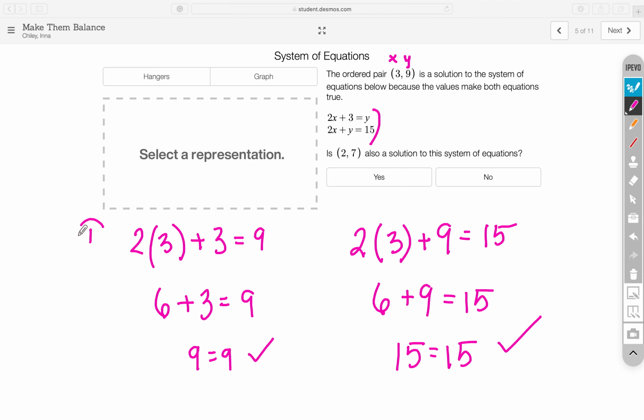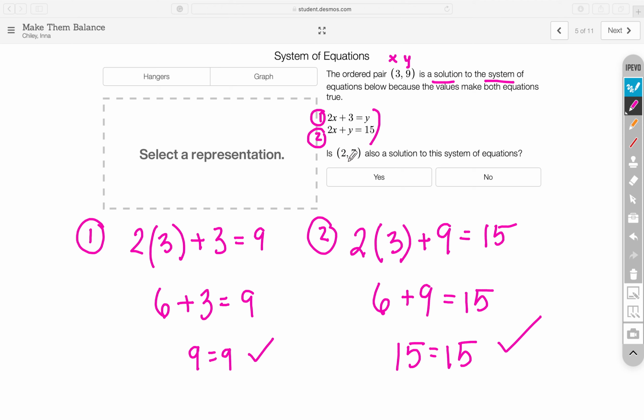This is equation 1, this is equation 2. So a solution to a system of equations is an ordered pair, x, y, that makes both equations equal.